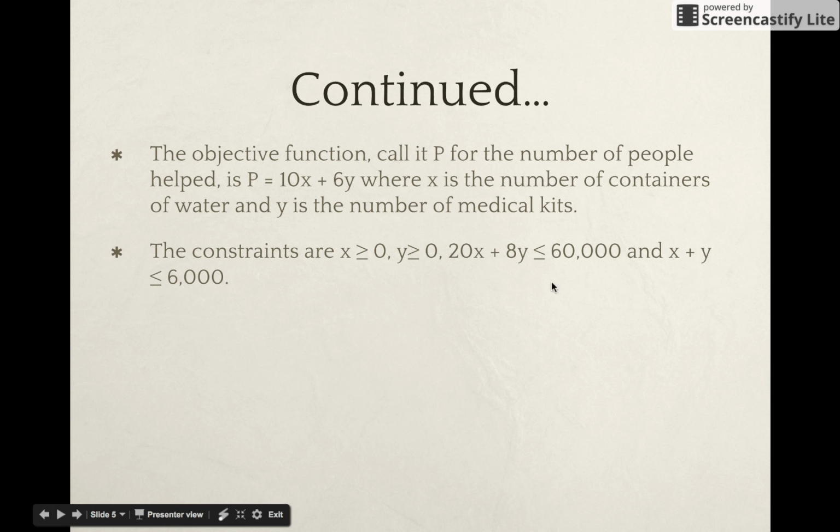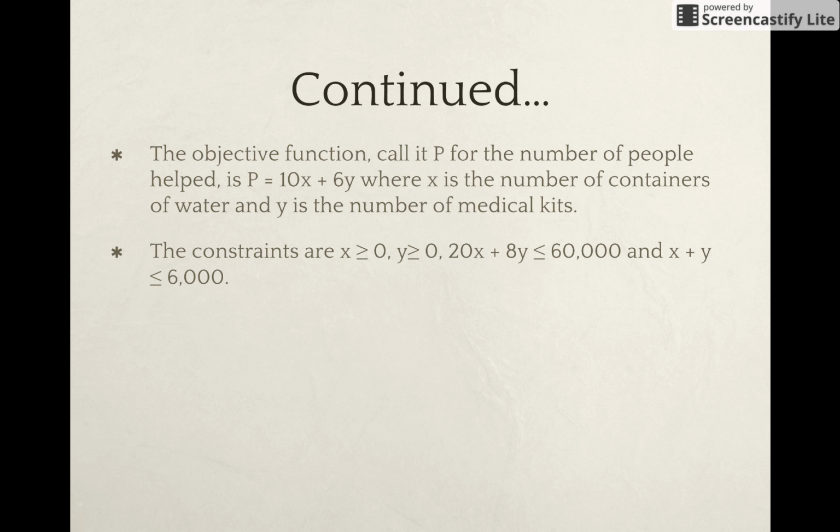All right, so the value that will optimize the number of people served must come from the solution to this system of inequalities. And furthermore, in linear programming, it must come from one of the vertices of the feasible region.